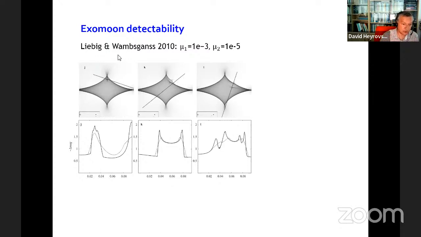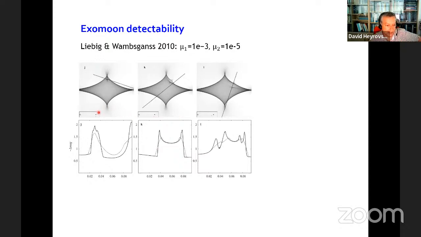You can plot the caustics and the amplification maps, and that's exactly what you have here. This is the configuration of a star and a planet, with a moon orbiting the planet, and this is the same star-planet configuration, but with the moon at different positions around the planet, under a different angle and a different angle.